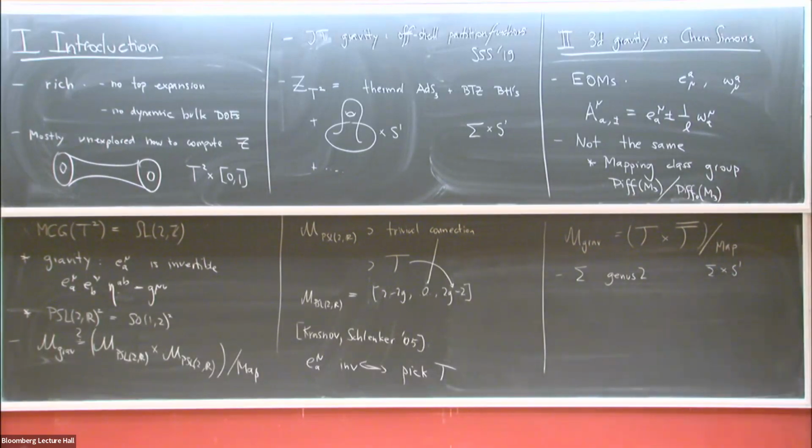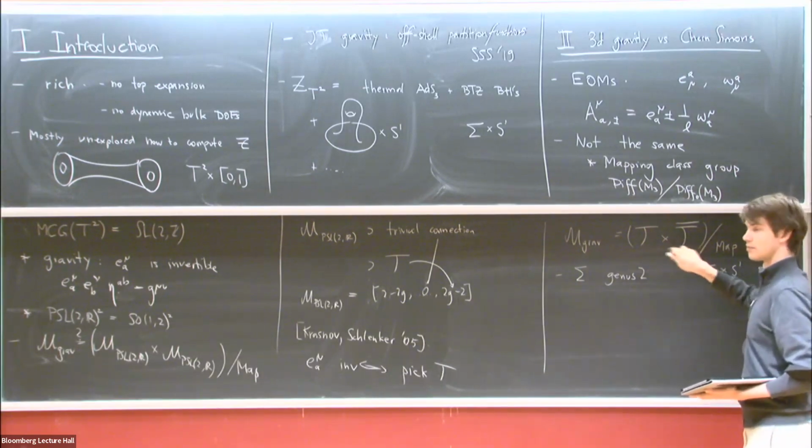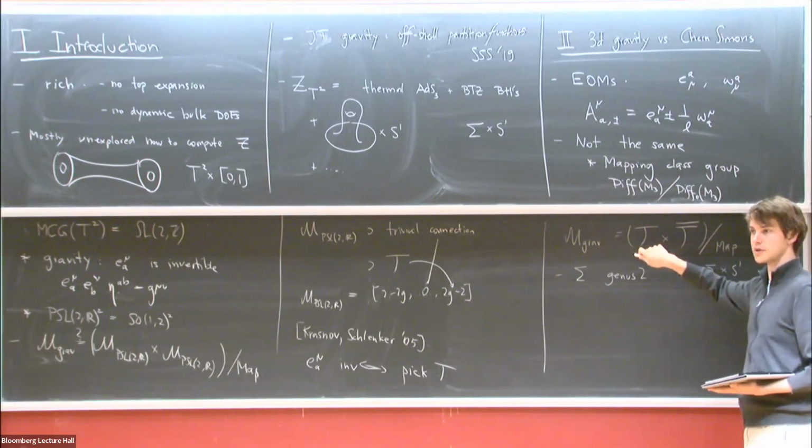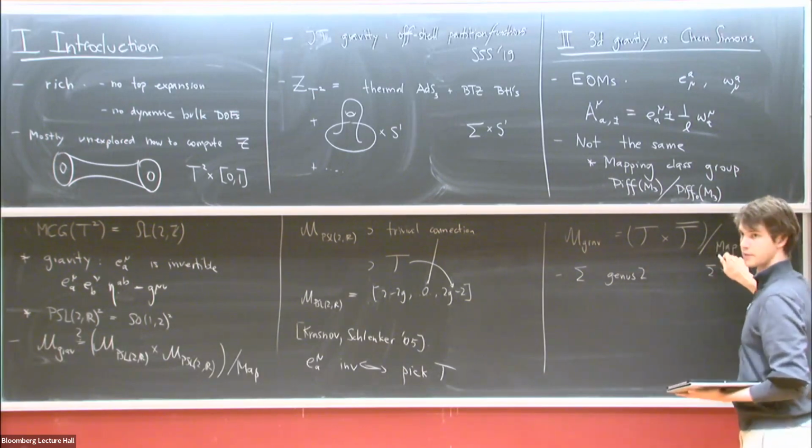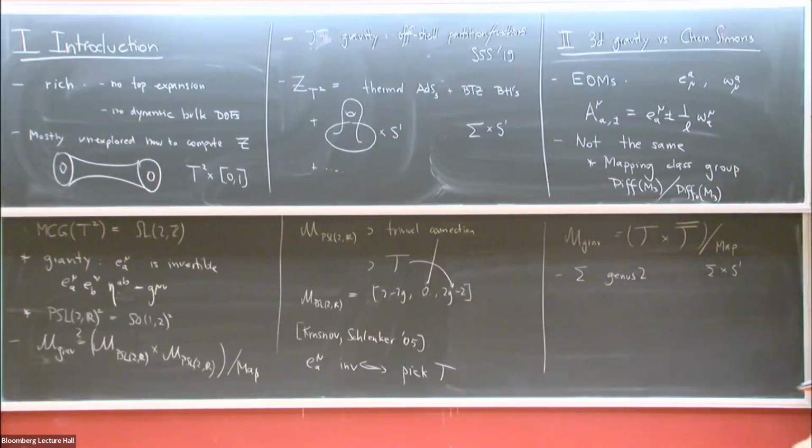Since this is a topological theory, we should just compute the dimension of the Hilbert space on sigma. So we should quantize this phase space and compute the resulting dimension. The problem is that this phase space is actually non-compact, because Teichmüller space is non-compact, and you don't cure that by just dividing by the diagonal mapping class group.